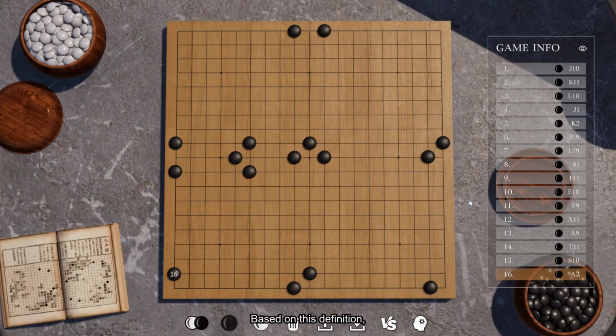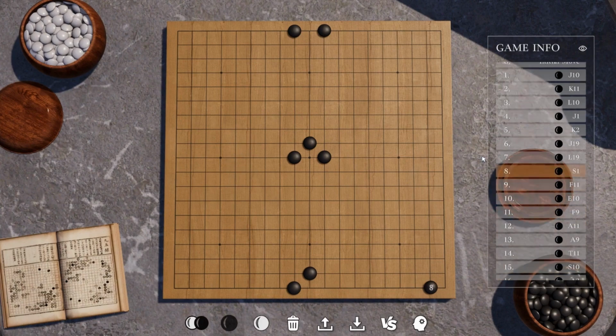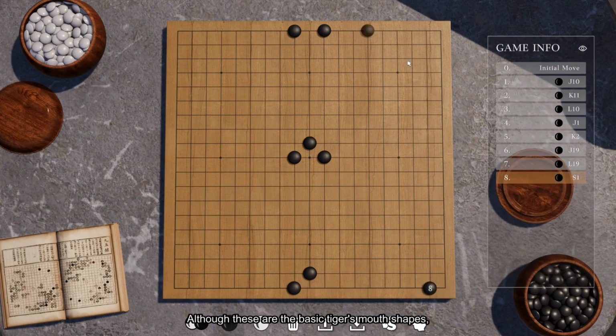Based on this definition, we can easily identify which position is actually a tiger's mouth. Now, please pay attention. Although these are the basic tiger's mouth shapes, what I hope everyone remembers is the principle that a stone can be captured immediately, rather than memorizing the shapes by rote.